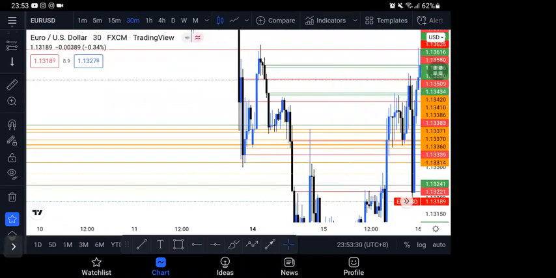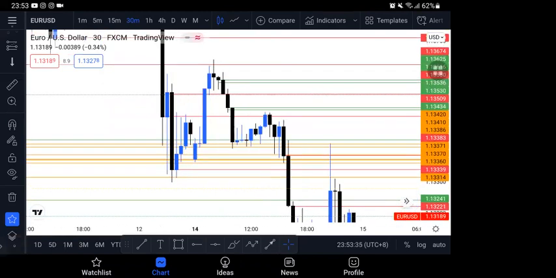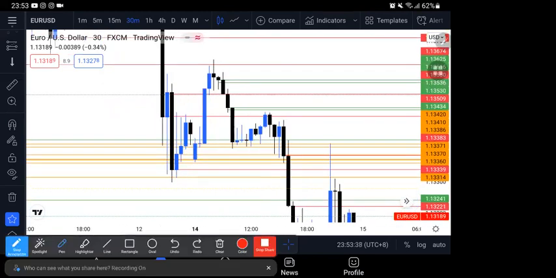There is no available key level at that moment. Oh, this one. This one and this one. So the structure, we have our entry over here.